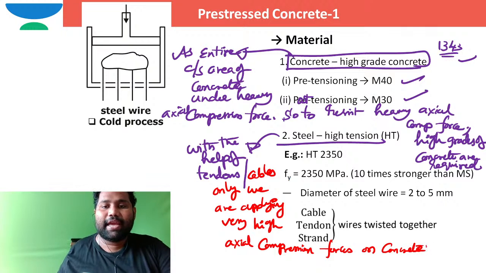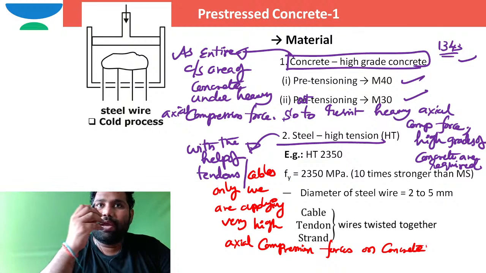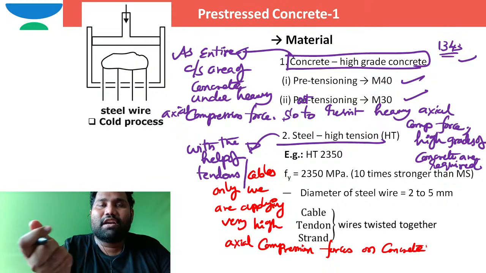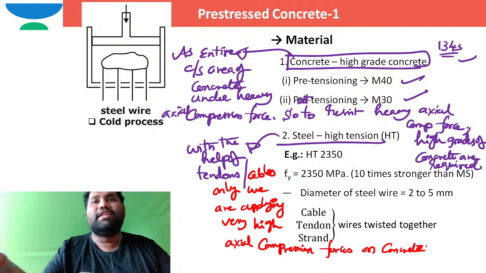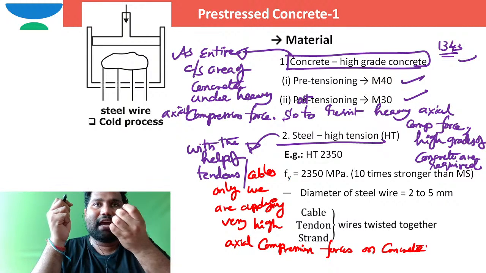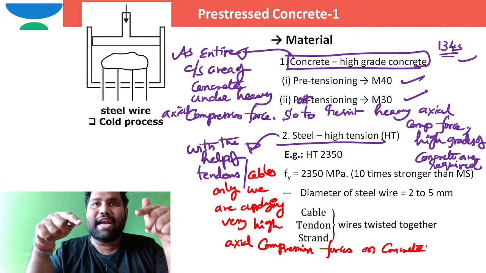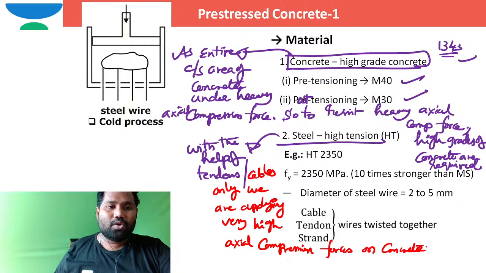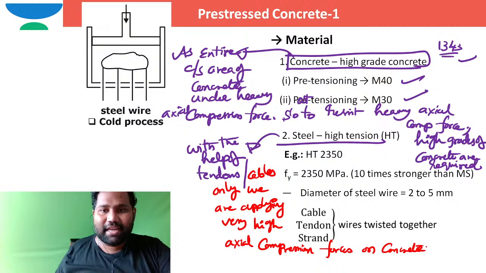So how can we apply heavy axial compression forces from tendons on concrete? If the tendons are very high strength in nature, then only I can apply heavy axial compression force from the tendons on the concrete, right? So in such case the tendon should be of high strength in nature, right?